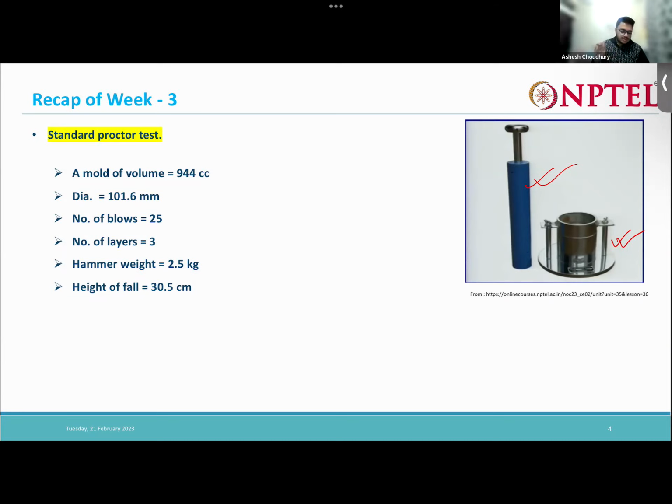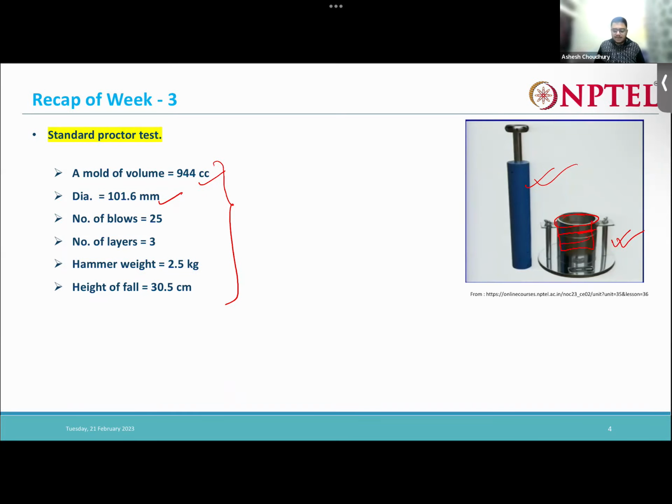So these are the parameters of the standard proctor test. The volume of this mold is fixed at 944 cc. The diameter of this mold is fixed as 100.1.6 mm. What we need to do is give a certain number of blows. We take some amount of soil and fill it in this mold in three layers.